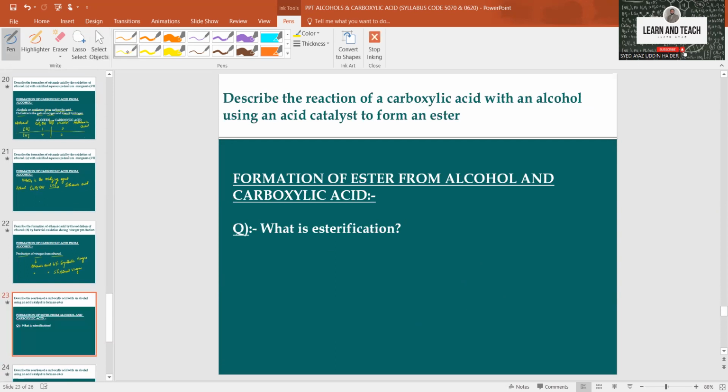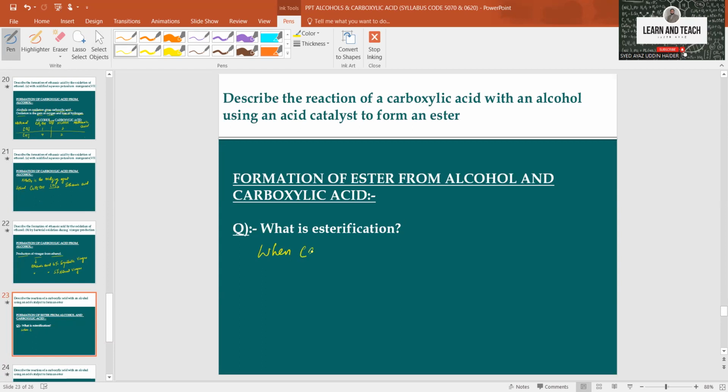What is esterification? Now, whenever a carboxylic acid is warmed with alcohol in the presence of a few drops of acid like sulfuric acid, fruity smell compounds are produced. They are known as esters, and this reaction is known as esterification.